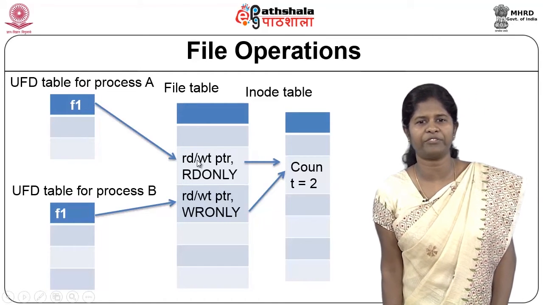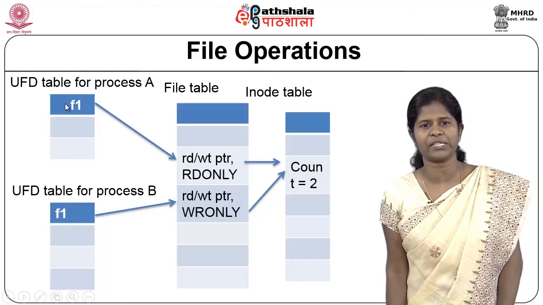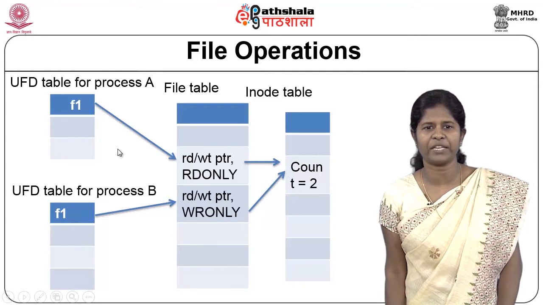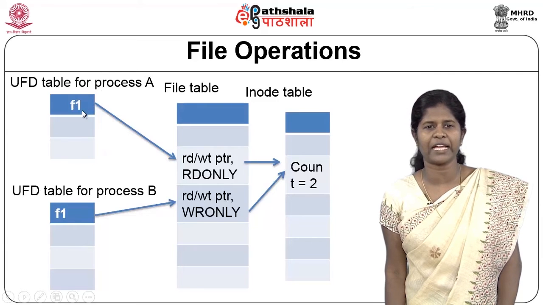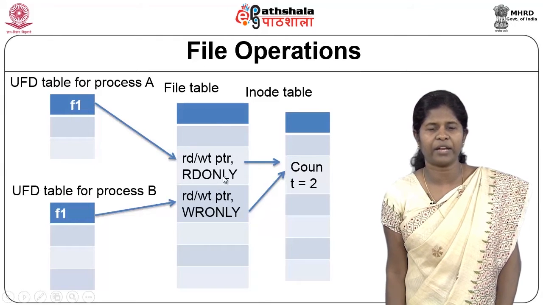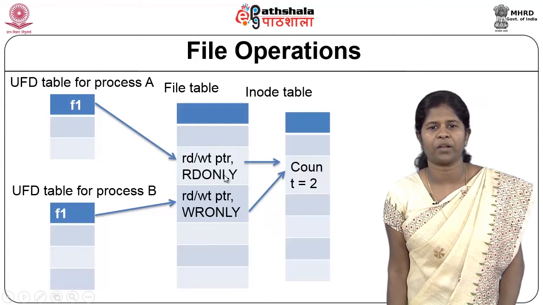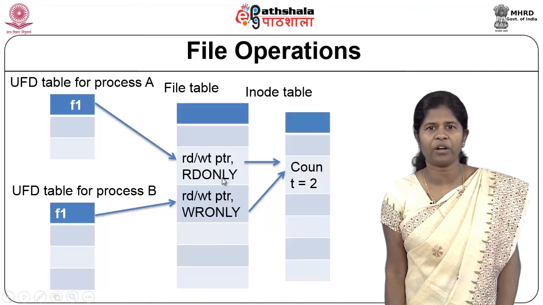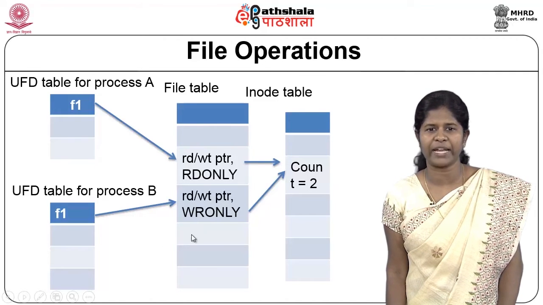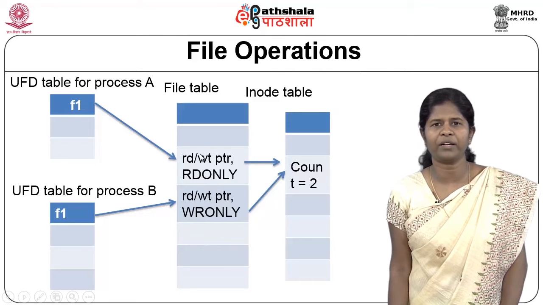the file table has got information about how process A has opened or how process B has opened that file. Say, for example, process A has opened F1 in read only pattern, or it has opened the file only for reading, and process B has opened the file only for writing, and a pointer will be maintained here.